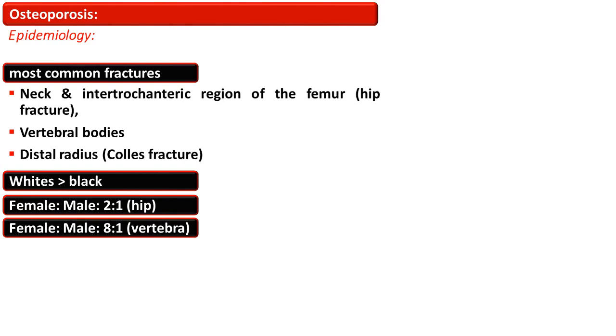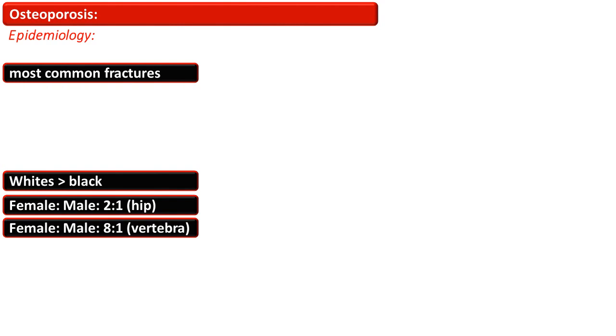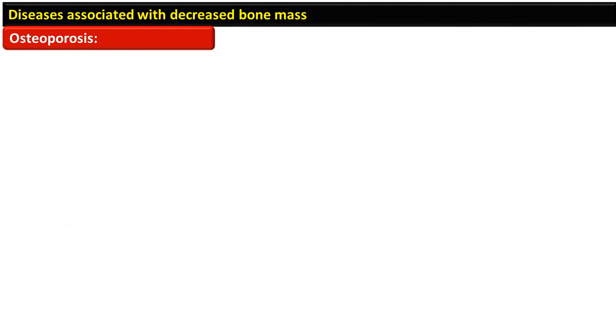This male-female distinction is nullified in Asians and blacks, in whom both genders are equally affected. 1 million individuals in the USA are affected each year by osteoporosis, and these 1 million patients impose about 14 billion US dollars on the health budget of the USA. About 40 to 50,000 of these osteoporotic patients develop a fracture.